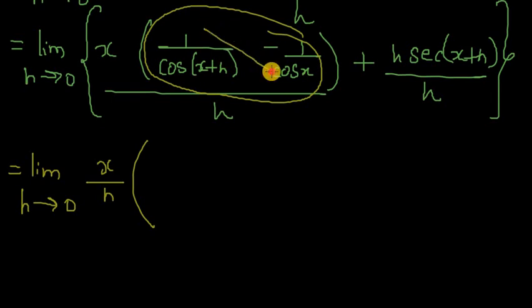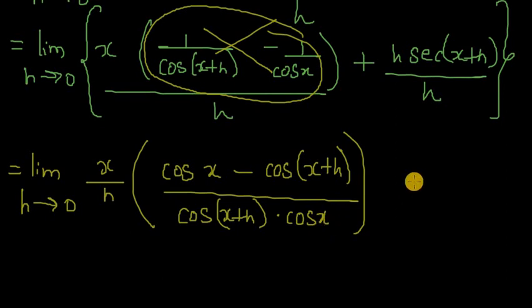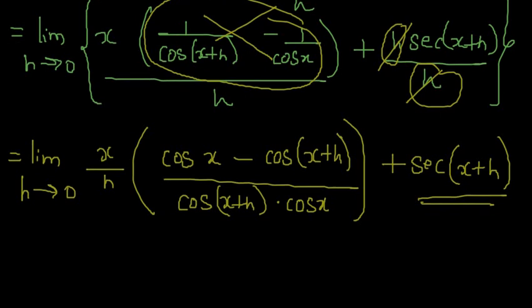So just cross multiply: cos x minus cos of x plus h upon cos of x plus h into cos x. h cancelled over here, so we are left with plus sec of x plus h. Why am I not simplifying this? Because h got eliminated in this part, so there is no need to simplify. But over here, h still remains. It is not eliminated yet.